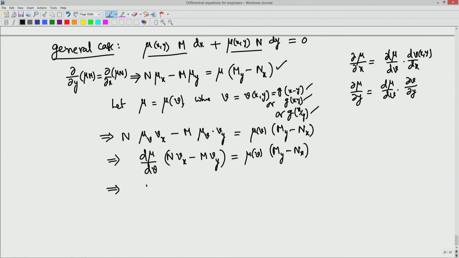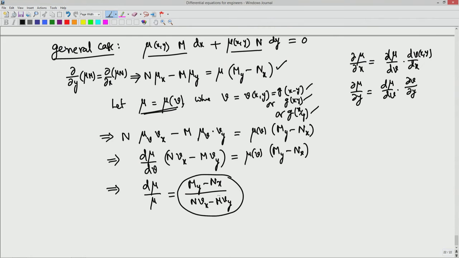So I rewrite this as d mu by mu equal to my minus nx divided by n vx minus m vy. So you see, mu is a function of v. Okay. If I want to integrate this to get my mu, again like earlier, this should be a function of v.